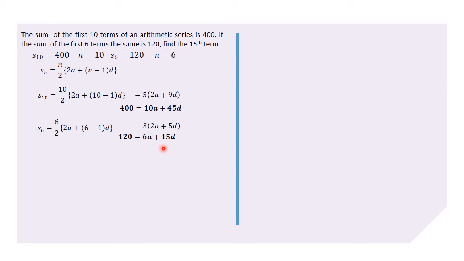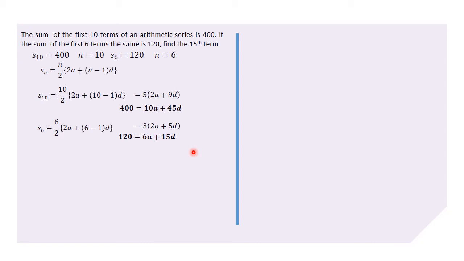But please notice we were told the sum of the first 6 terms is 120, so I'm going to write 120 is equal to 6a plus 15d. So this equation and the other equation here are a set of simultaneous equations which can be solved to obtain the values of a and d. And that's where we're going.